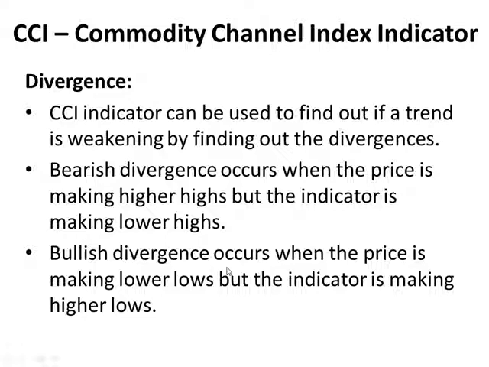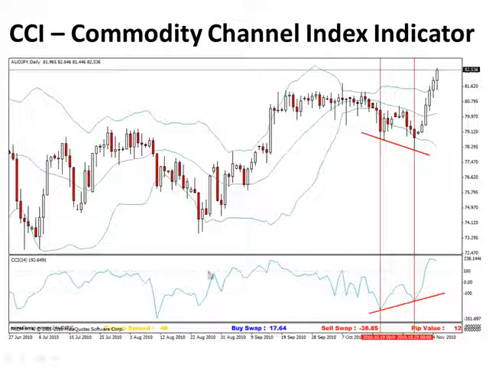Bullish divergence occurs when the price is making lower lows but the indicator is making higher lows. If you see this picture, the price is making lower lows but the CCI indicator is making higher lows. So this is a bullish divergence. So you can use the CCI indicator for trading divergences also.